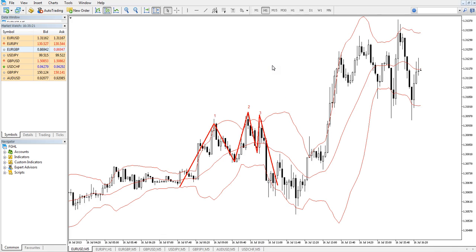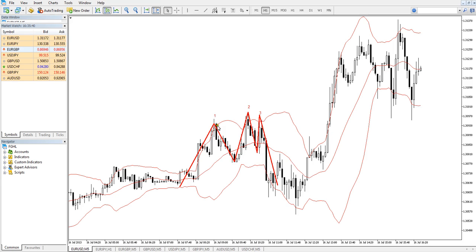The only other thing you need to do is draw something called a neckline. The neckline is basically a line that connects the 2 troughs formed in the head and shoulders pattern. That trough is there, and the second one is there. They are really just the points in between.